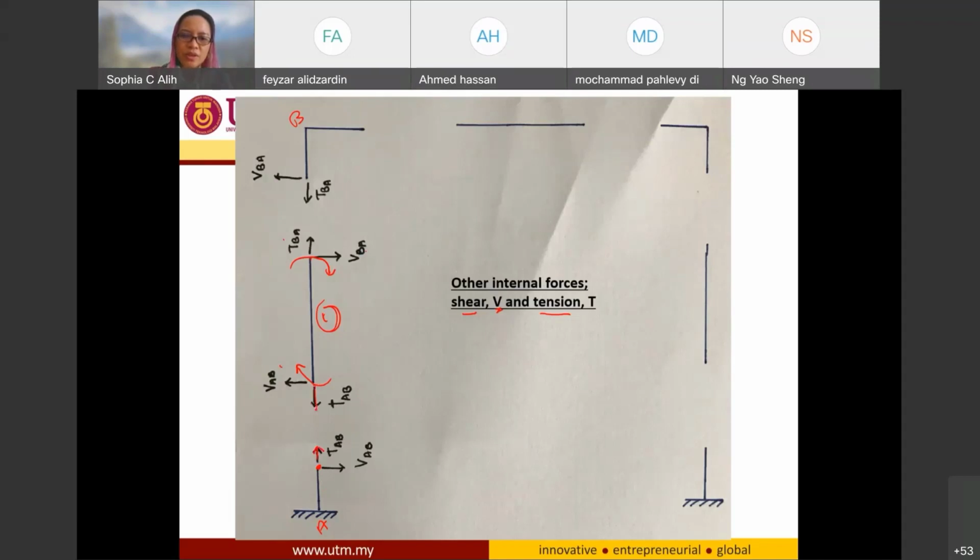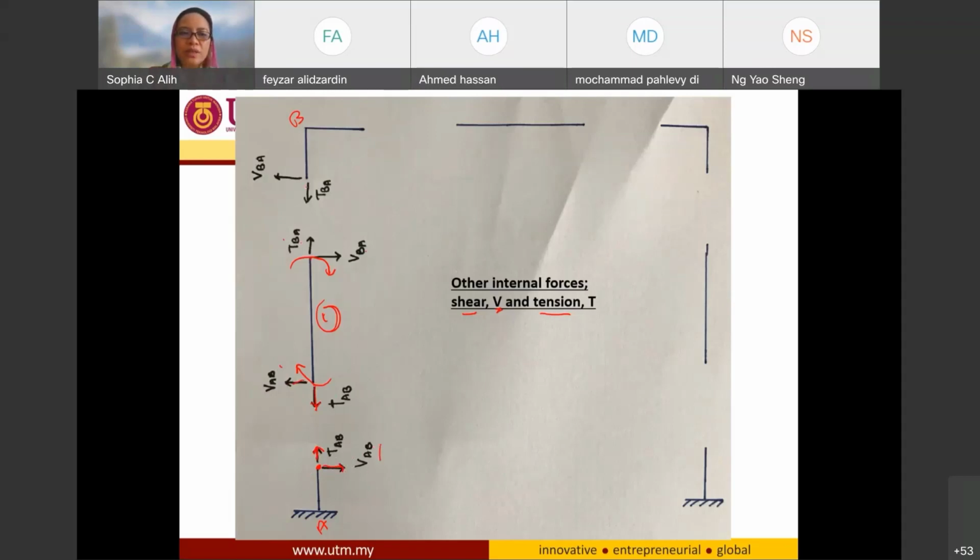So if you assume it to be TAB here, you have another TAB at this point. And if you have VAB, shear for AB in this direction, the same amount is going to be at the end with the different direction over here.